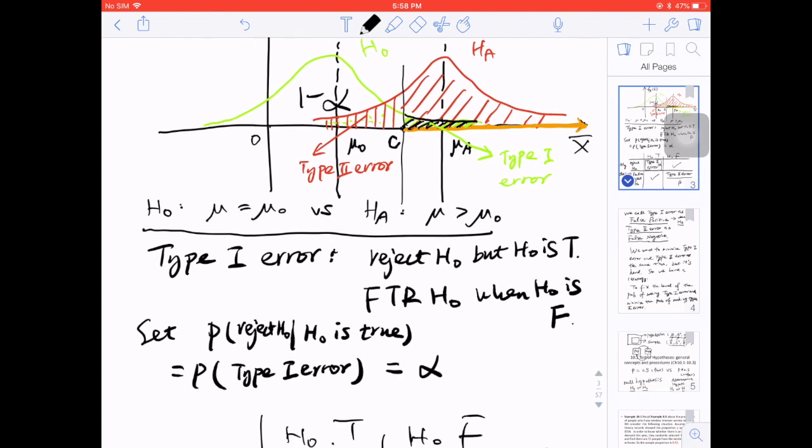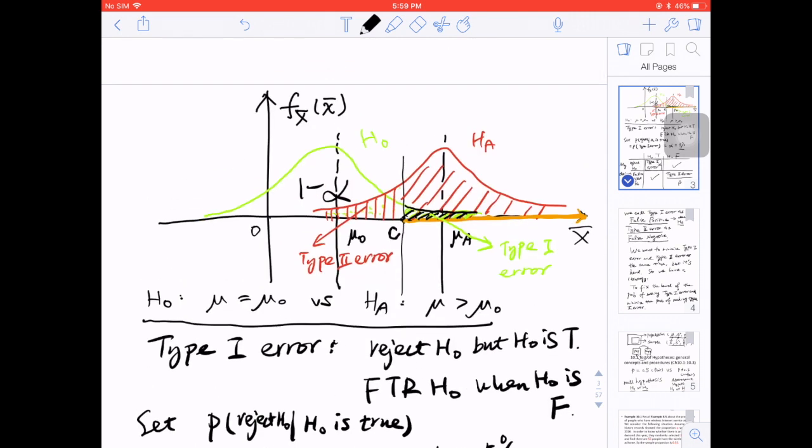Say, I'm going to use alpha to denote this, so this is equal to alpha. And I'm going to let this alpha be very small, say 5%. Actually, the exact value of alpha is pretty subjective. Some people would like to have alpha equal to 1%, but for some people, 10% is also acceptable. Here, if I set alpha to be 5%, which means 1 minus alpha under the green curve is equal to 95%.